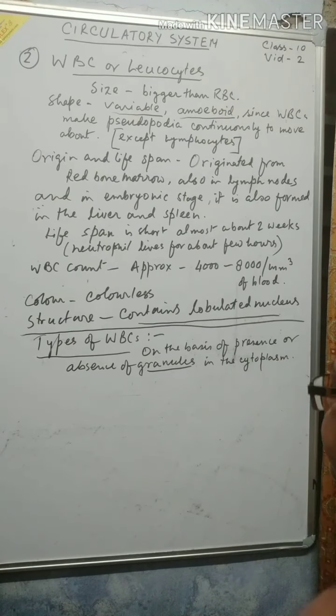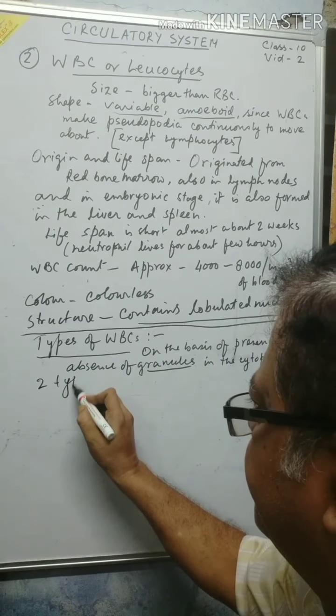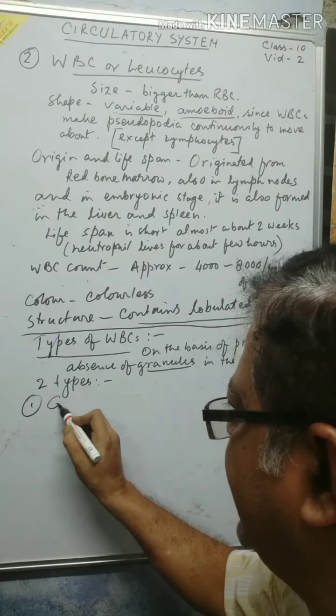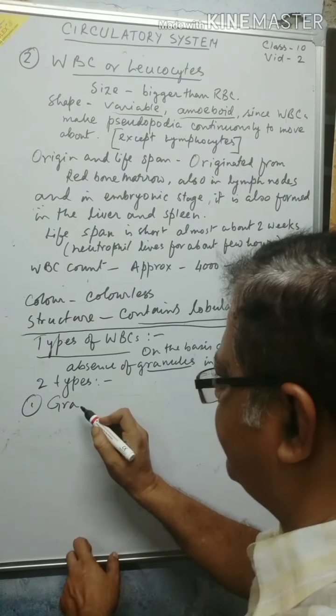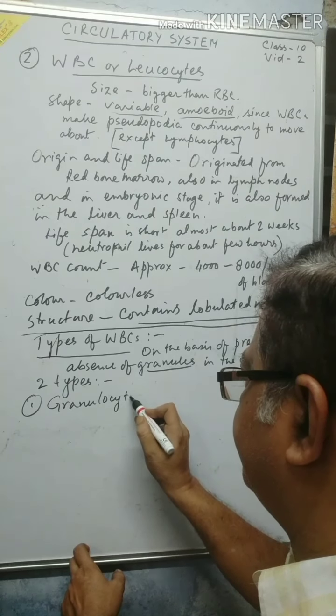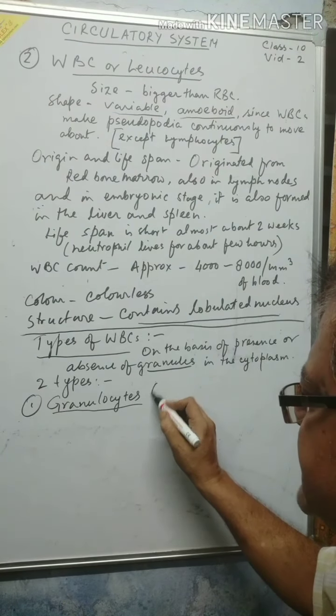There are two types. Number 1, granulocytes, where cytoplasm contains granules.